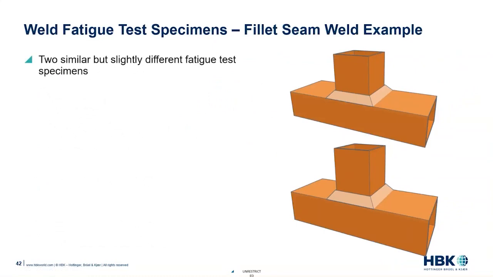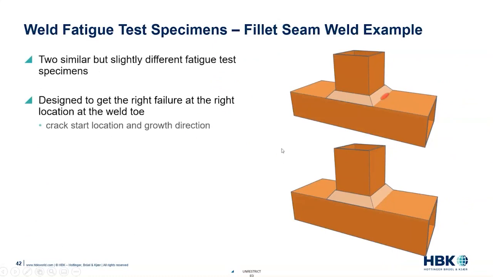So, as an example for a fillet seam weld, we might have two fairly similar but slightly different fatigue test specimens. Here the material thicknesses can be a little bit different, and they're designed to get the expected failure at a particular location at the weld toe.